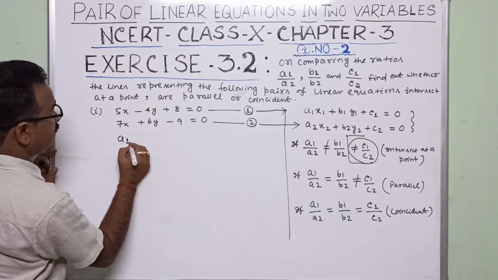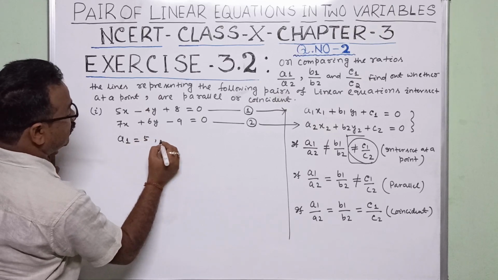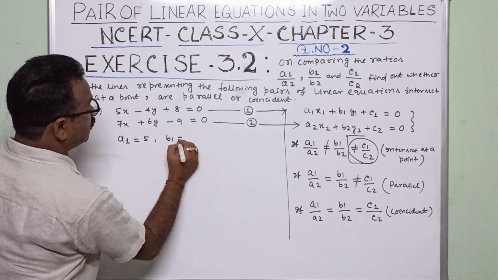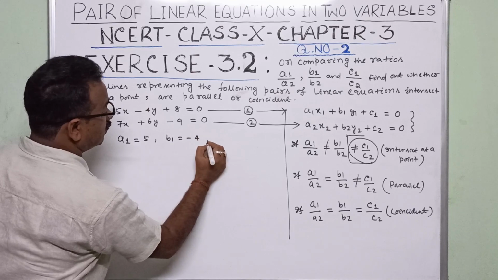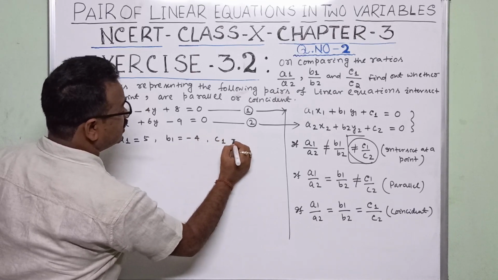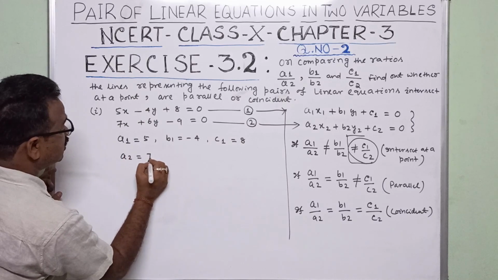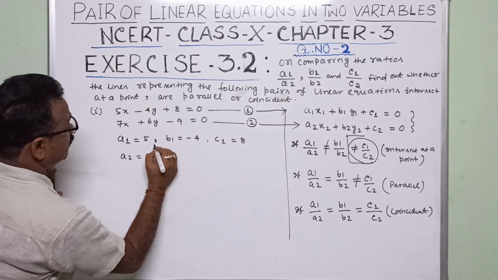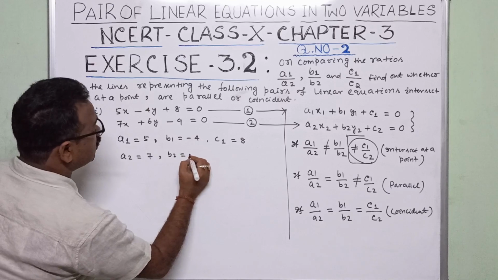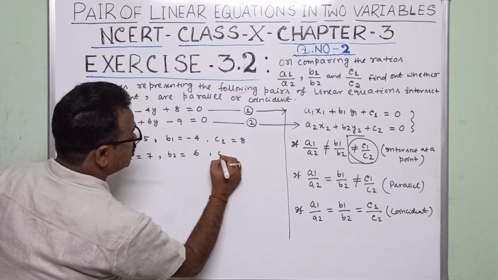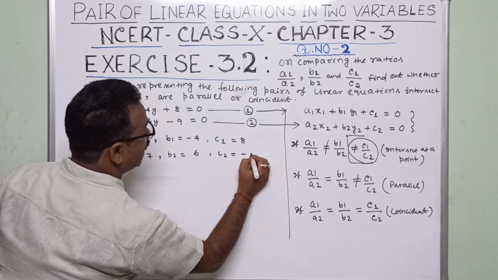A1 is equal to 5, B1 is equal to minus 4, C1 is equal to 8, A2 is equal to 7, B2 is equal to 6, C2 is equal to minus 9.